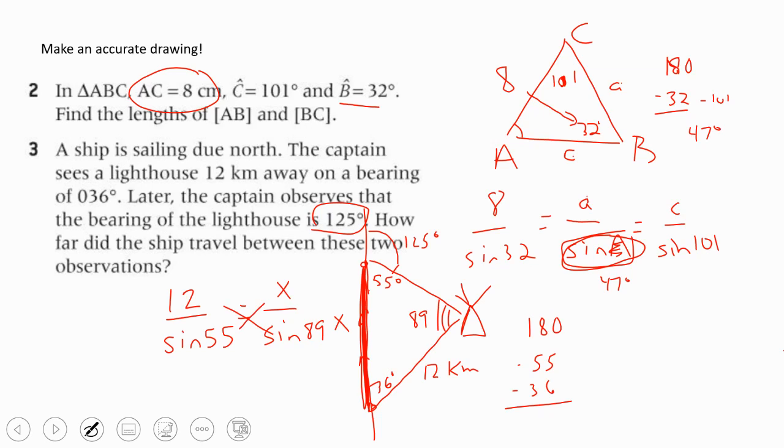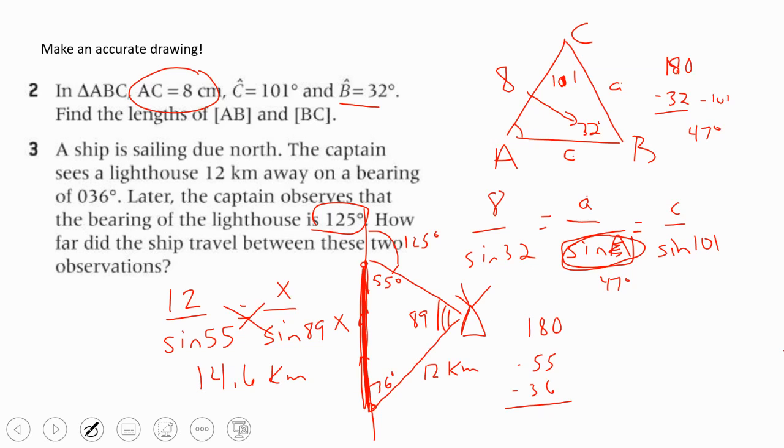So I can cross multiply: 12 times the sine of 89, hit enter, divided by the sine of 55. So 14.6 kilometers in between those two points.